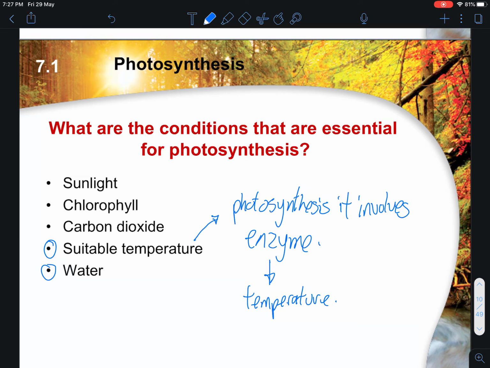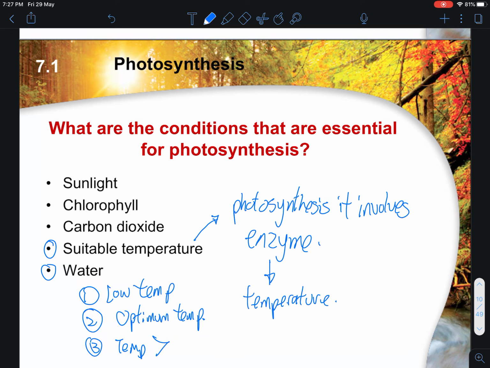Having three different stages: at low temperature, at the optimum temperature, in between there is an increase of temperature, and of course temperature above the optimum temperature. What happens in this stage is the enzymes will denature, and when the enzymes denature, there is a reduction or no photosynthesis.